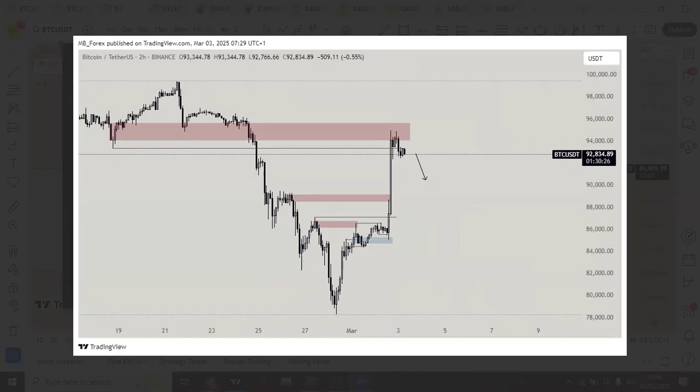I'm not saying there's a specific time frame for this type of setup, but my own trading plan is from the 2 hour time frame to the 15 minutes to the 5 minutes. Those are the three time frames I like to trade.